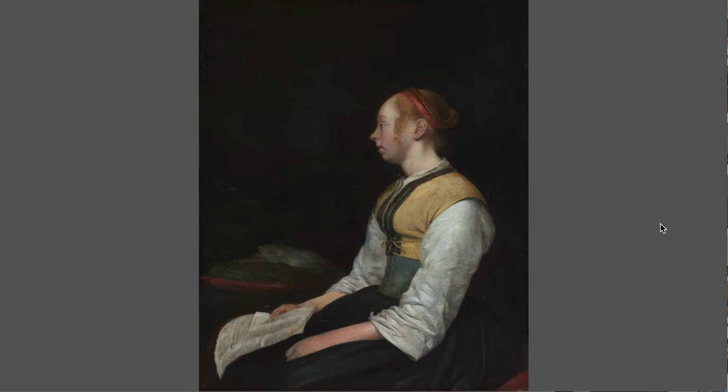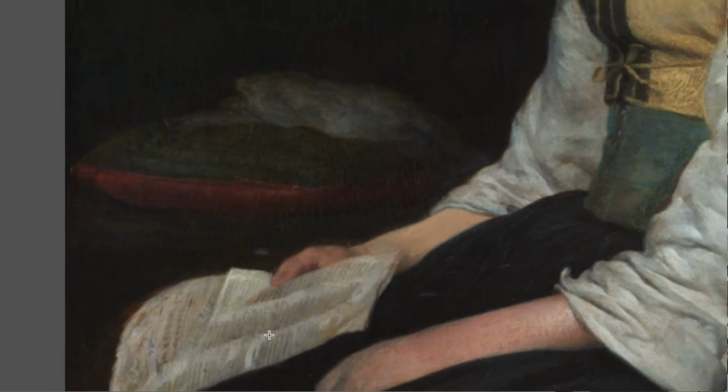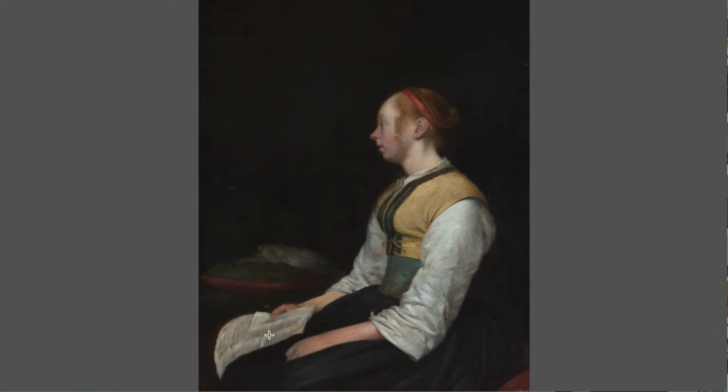But what we see is a woman sitting there, but she has expression. She looks like she's tired, she's worn out, and she's just sitting down to rest. The way she's holding this paper in her hand, there's probably some sort of story going on here as well. And that's the purpose of it, to communicate some sort of story, or the character of the people involved.